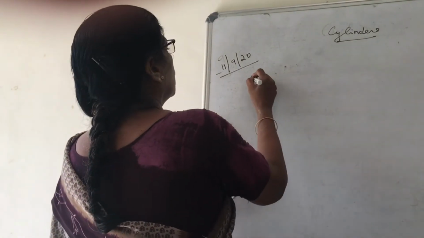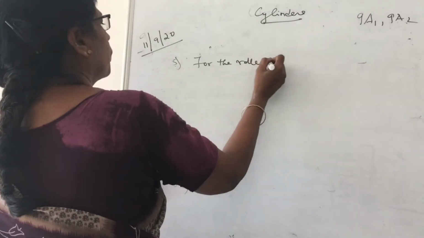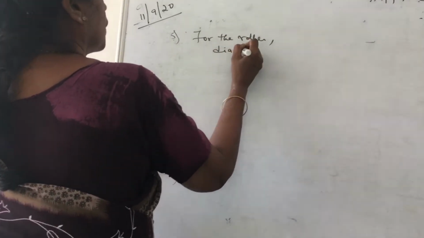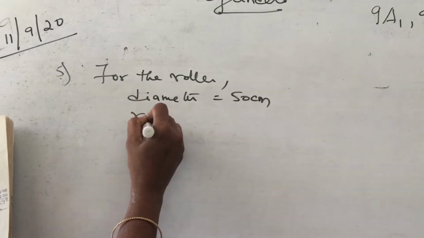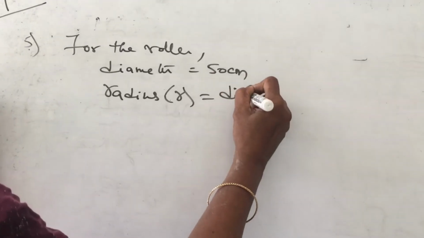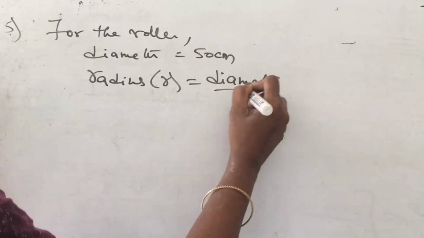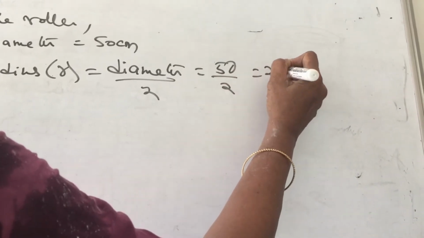For the roller, the diameter is how much, children? Diameter is 50 centimeters. When diameter is given, radius is equal to diameter by 2. That is equal to 50 by 2, 25 centimeters.